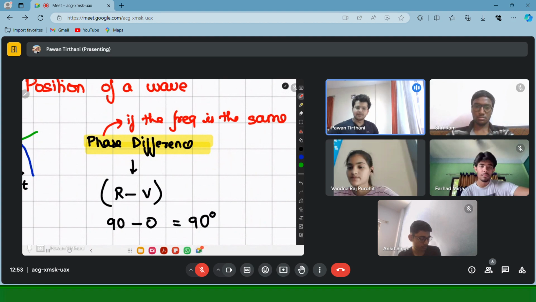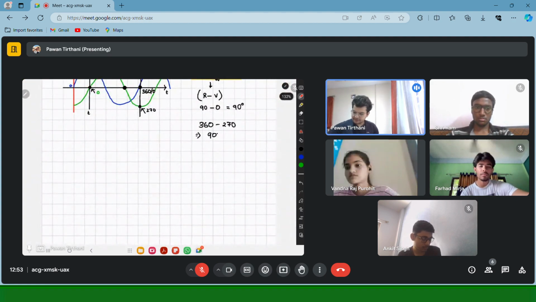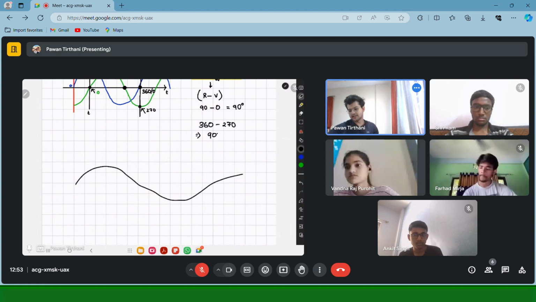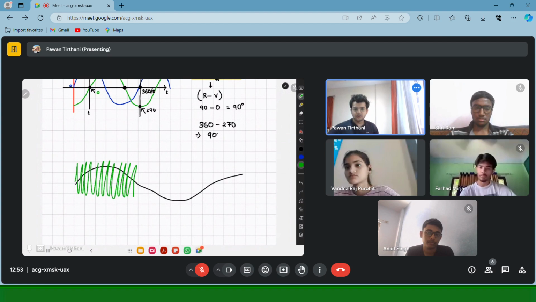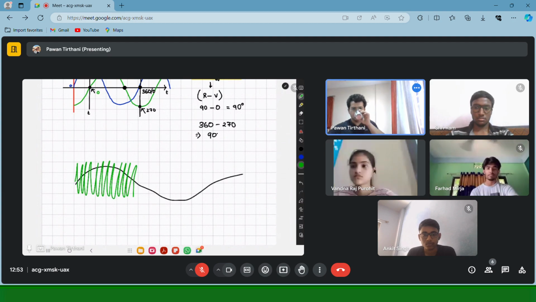Now imagine, can I calculate the phase difference between a wave which is going like this and a wave which is going like this? No. Vandana? I cannot calculate phase difference at all if the frequency is not the same. If the frequency is not the same, I cannot calculate the phase difference.